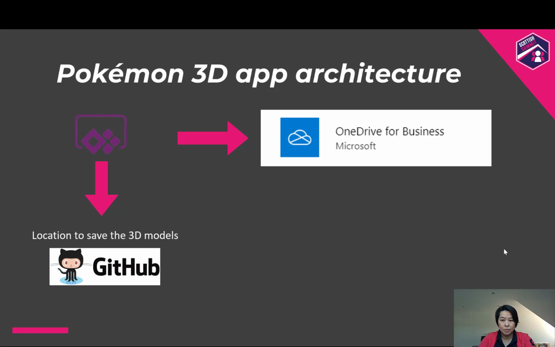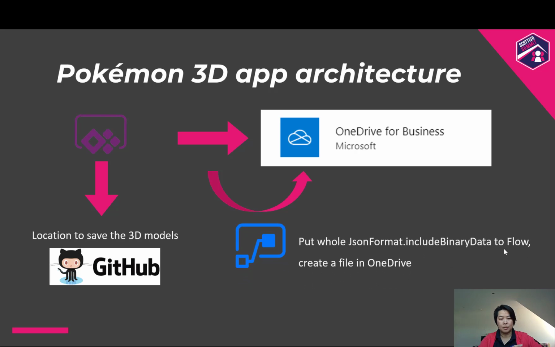app, I also use a connector to my OneDrive for Business, because I use Power Automate to grab the photos created in mixed reality. I use the JSON format with include binary data to grab all the data and put it into Flow.